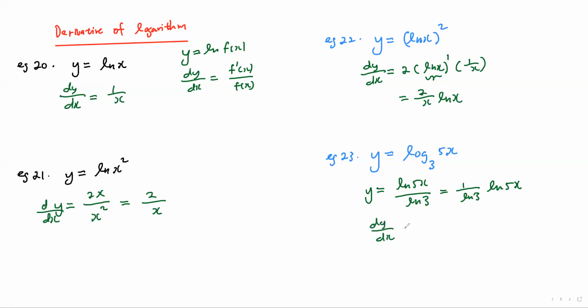So dy dx would be the constant multiplied by the derivative of ln 5x, which is 5 over 5x. After simplifying, we should get 1 over x. So that's how we differentiate that.